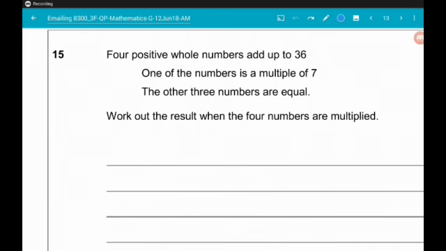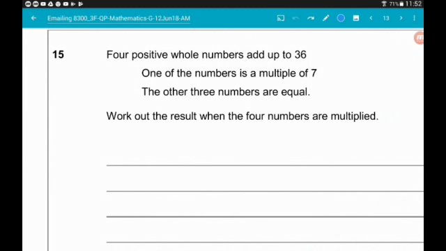Question 15. 4 numbers add together to give us 36. One of the numbers is a multiple of 7. The other 3 numbers are equal, so they are the same. We want to work out the result when the numbers are multiplied together. So that means we need to find the numbers.